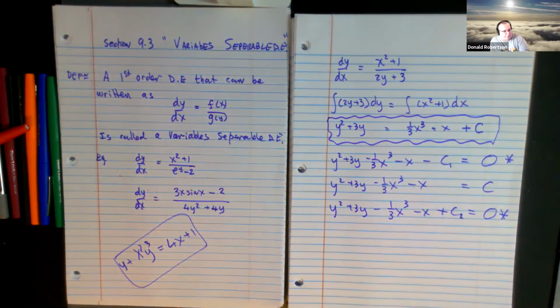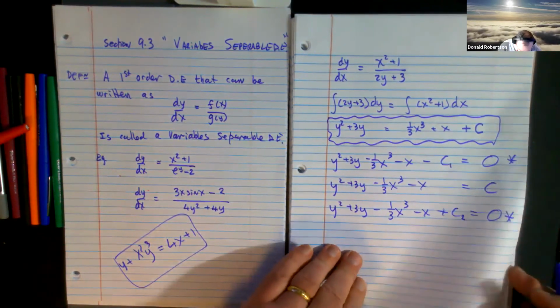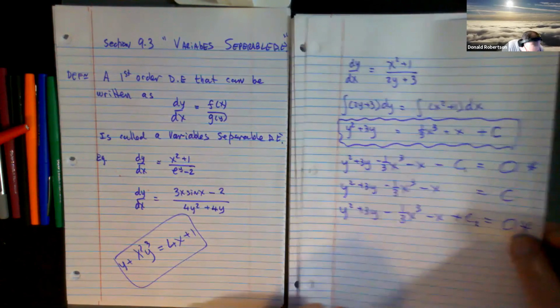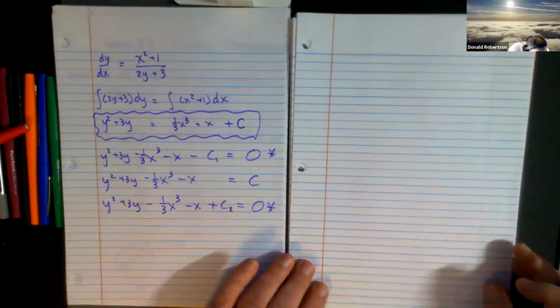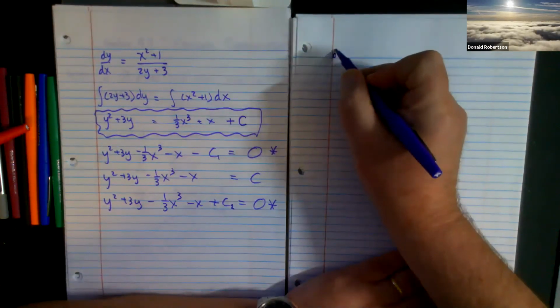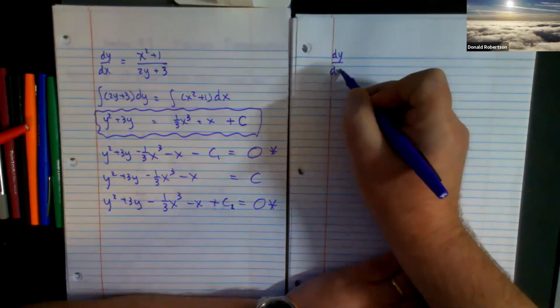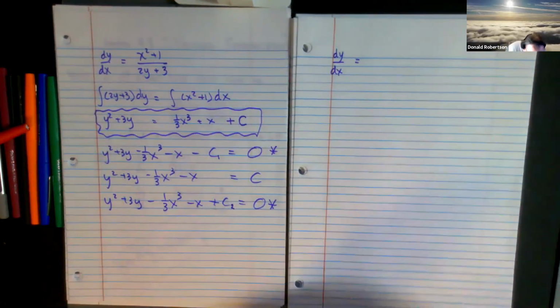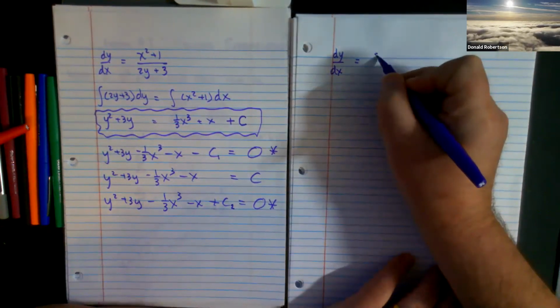The algebra of the plus C's gets weirder later on. But sometimes you can get a variable separable where you can actually rewrite it as y equals. And if you can, you should. So let's do this fella.